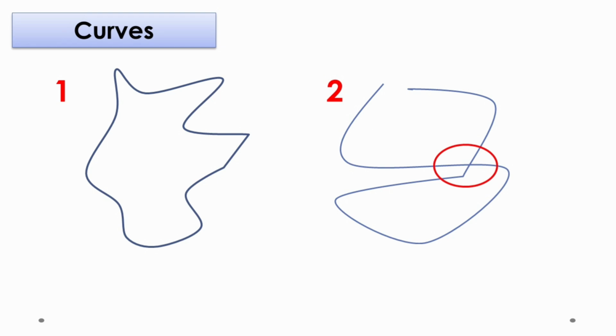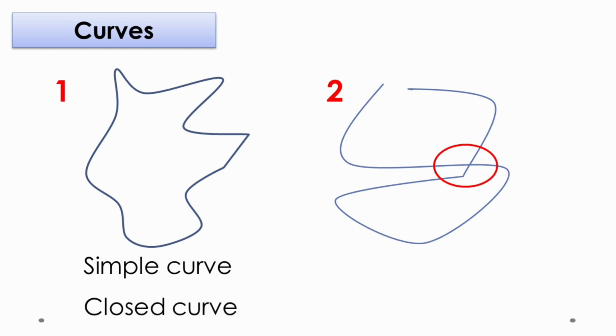The curve that does not cross itself is called a simple curve. Furthermore, sometimes the ends of the curves are joined. Such curves are called closed curves. Those curves whose ends are not joined are called open curves.